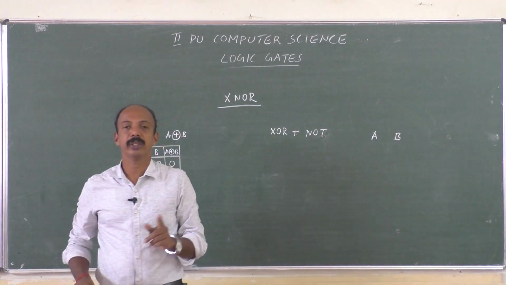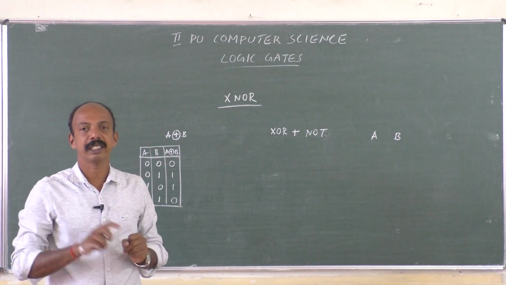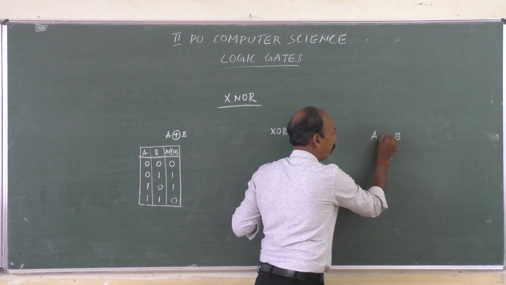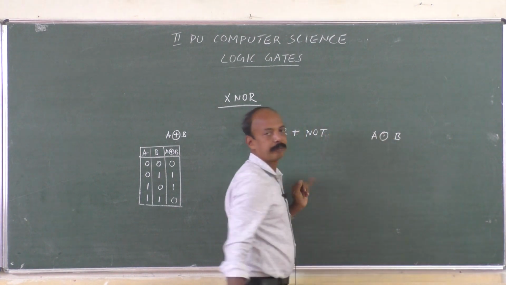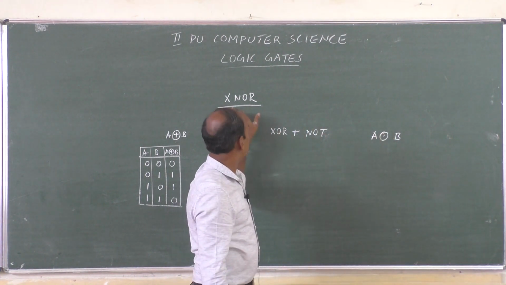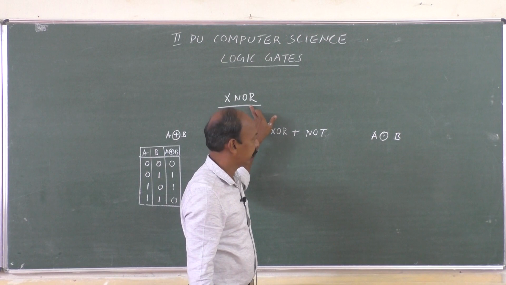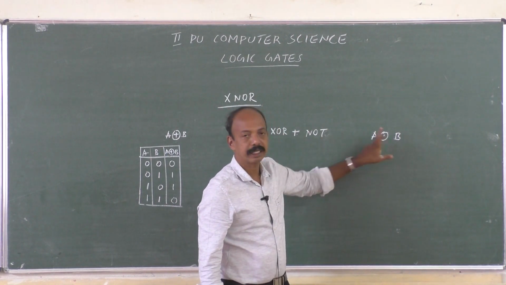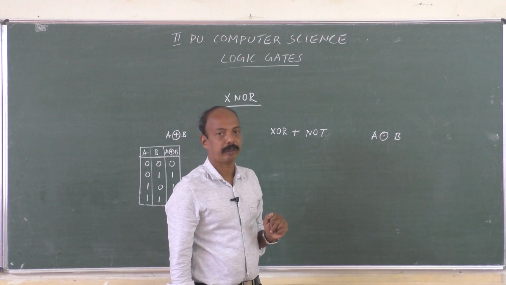In case of XOR, we have written plus inside the circle. But in case of XNOR, we have to write a dot inside the circle. For XNOR, just remember that we have to write a dot inside the circle. That will be XNOR.